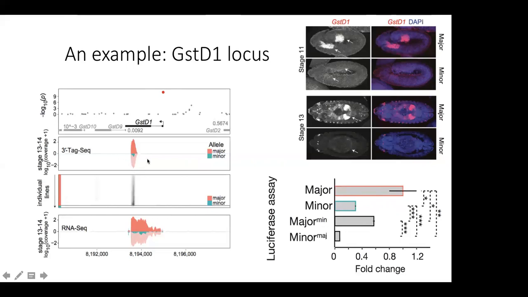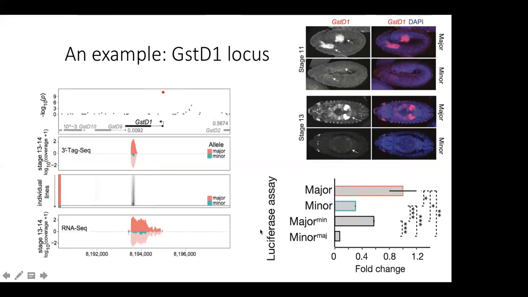In these two panels, you see the coverage for each of the 80 lines, with the major allele, the more frequent allele, in red, and the minor allele, the less frequent allele. You see that there are huge differences between these two sets, and this is confirmed also by the RNA sequencing.